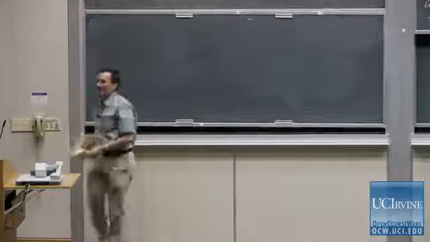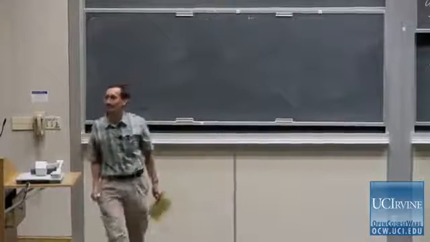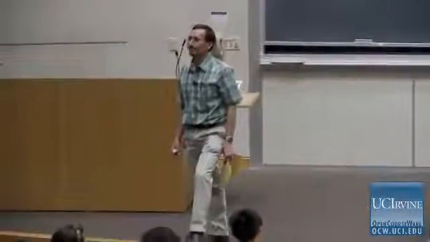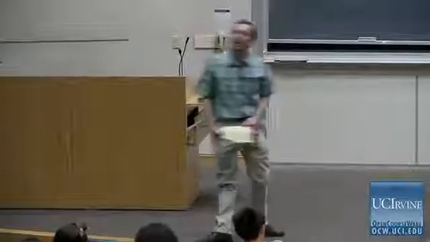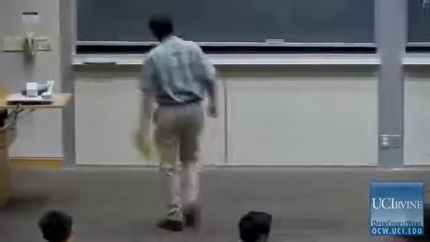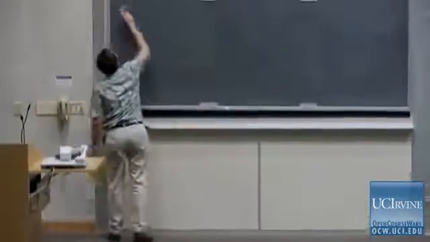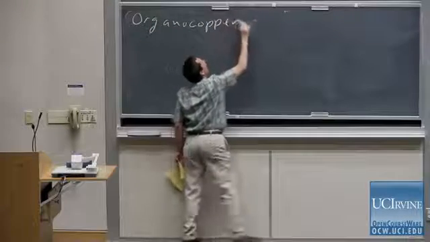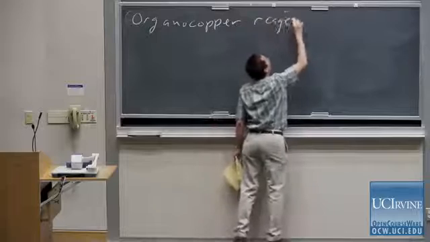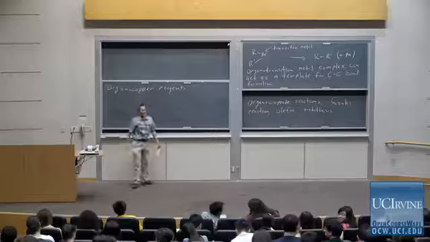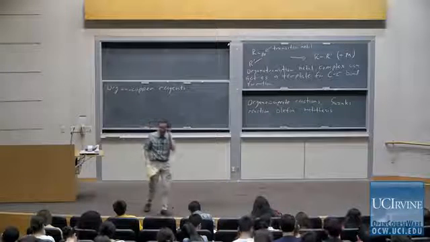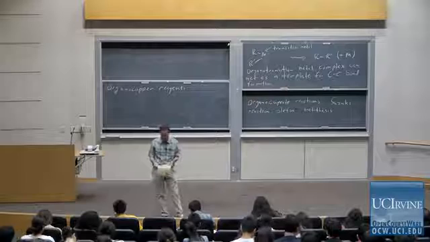All right, so let's start talking about organocopper reagents. Now, we got a tiny little taste of organocopper reagents back in chapter 20, and I think that's one reason it's nice to see them again.